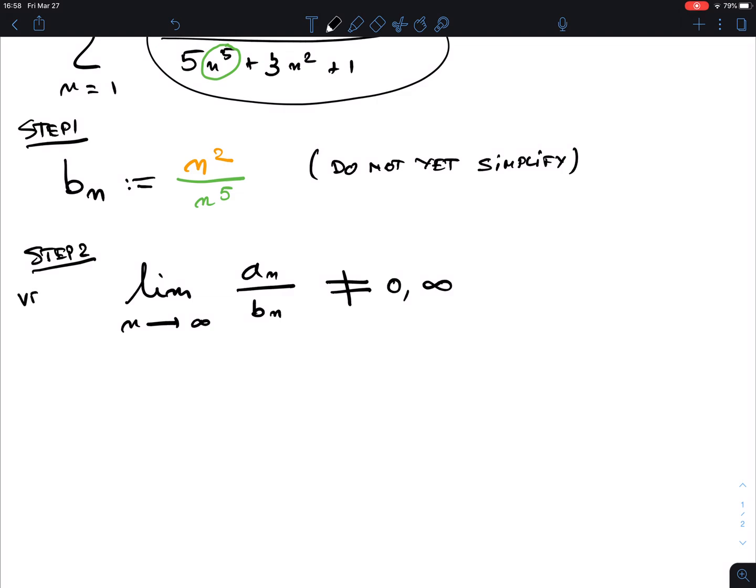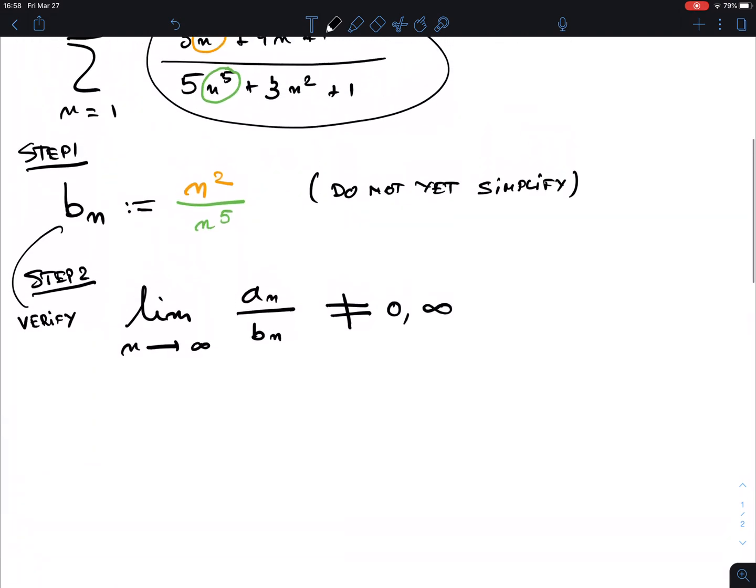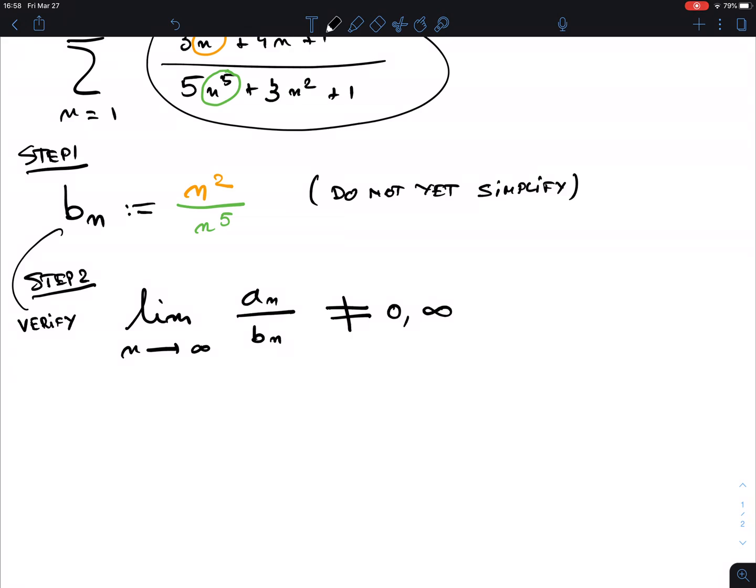So we have to verify that this particular choice we made has this property. I'll write down later the full generality of what the limit comparison test says. Well, perhaps let me say this now.